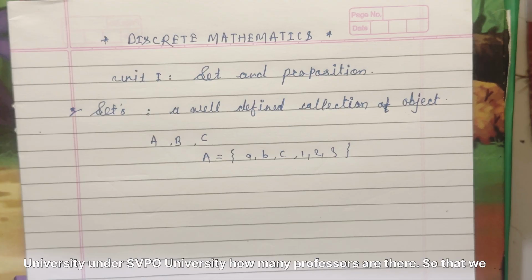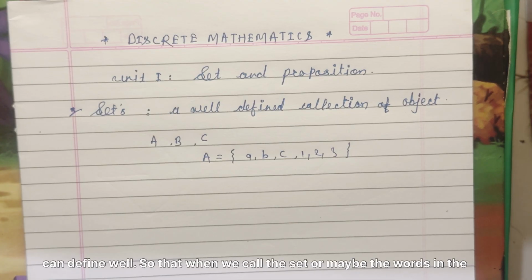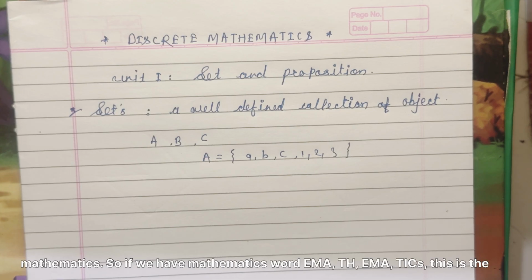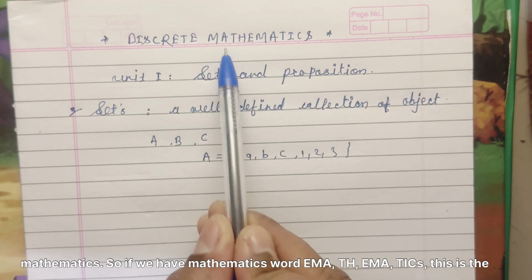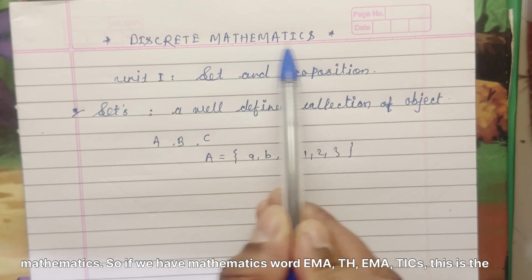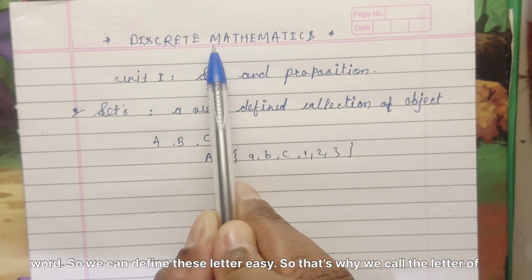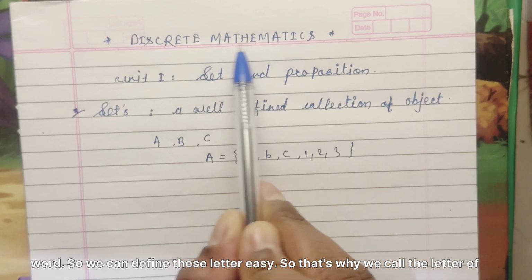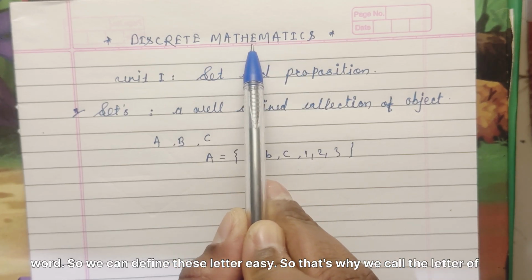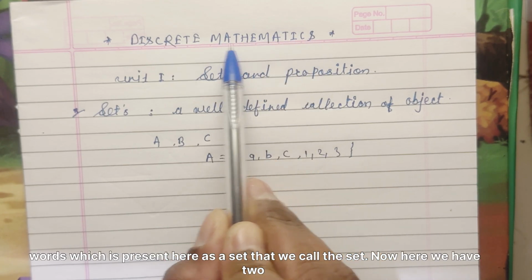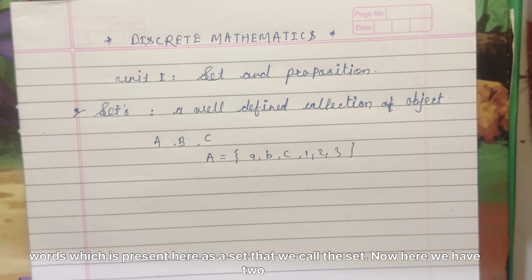Under SPPU university, how many professors there are, we can define that well, so we call it a set. Or maybe the letters in the word mathematics. This is a word, so we can define its letters easily. That's why we call the letters of the word a set.